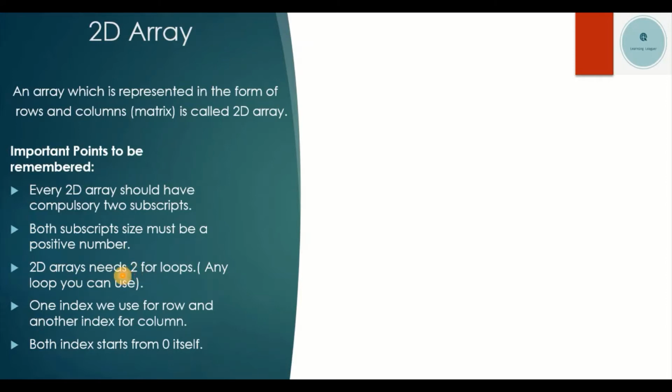One for loop is used for rows, another for columns. Instead of a for loop, you can use any of the available loops. One index is used for the row and another index for the column. The first index represents a row and the second index represents a column. Both indexes should start from 0.